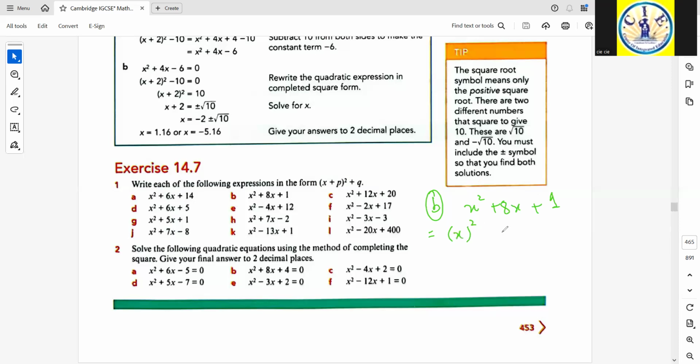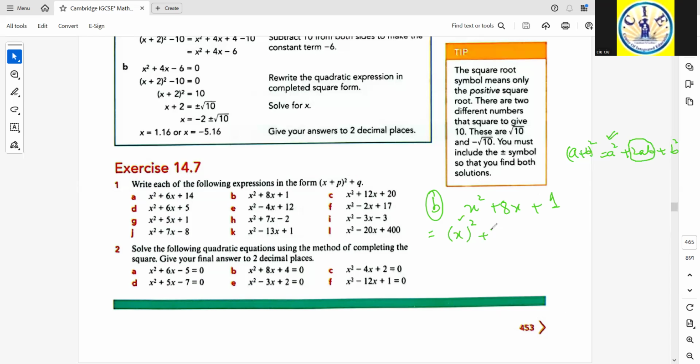Square of x, then to have a plus b whole squared: a squared plus 2ab plus b squared. I've done x squared, which is the first term of this identity. Now I need to make the second term look like 2ab.